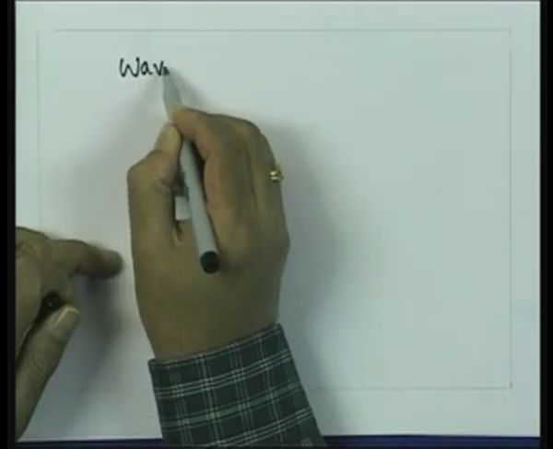So, now we investigate the polarization of a uniform plane wave, which is the variation of the direction of the electric field and its magnitude as a function of time. So, we take up discussion on a subject called wave polarization.